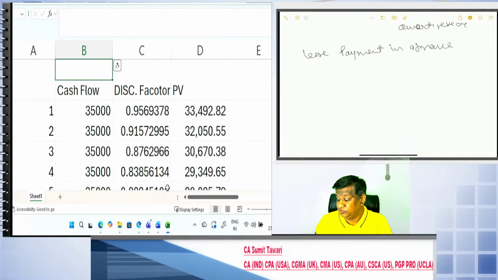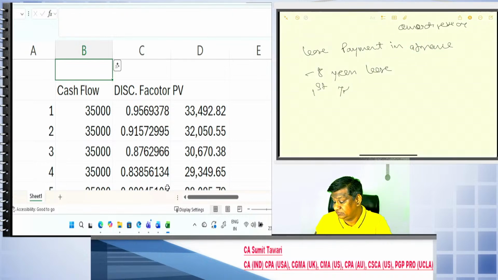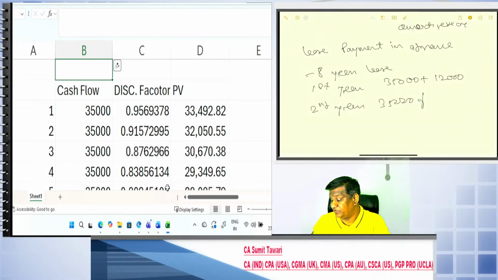Okay, in a second question, we make the lease payment in advance. It is an 8-year lease. The first year is an advance of 35,000 plus 12,000 direct expenses on the lease. And from the second year onward, it is a 35,000 lease payment for 7 years.